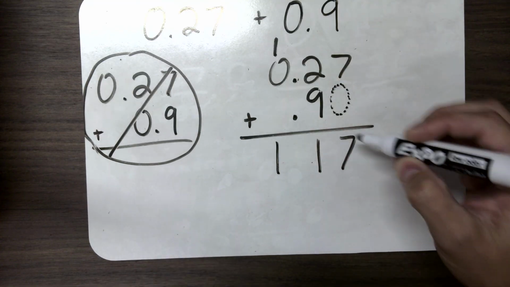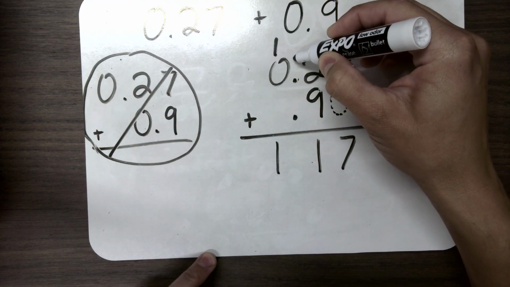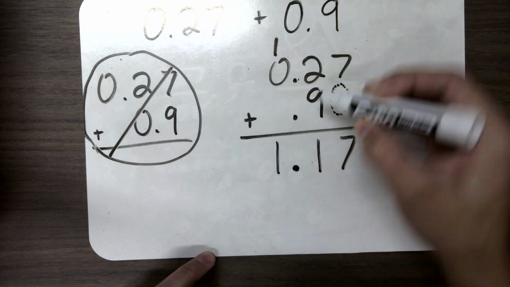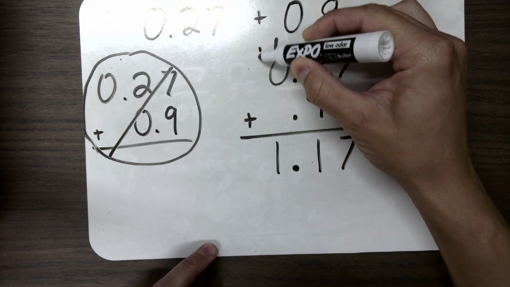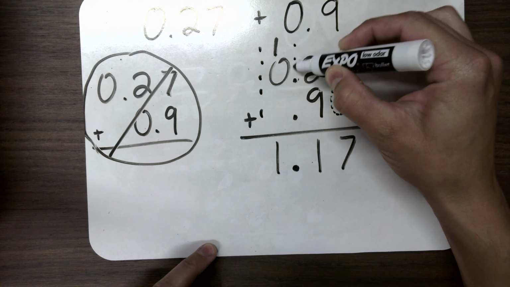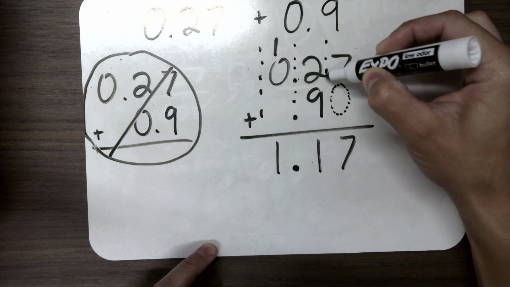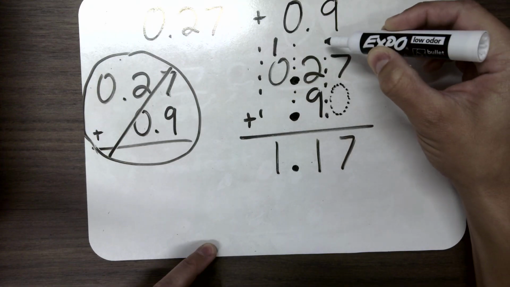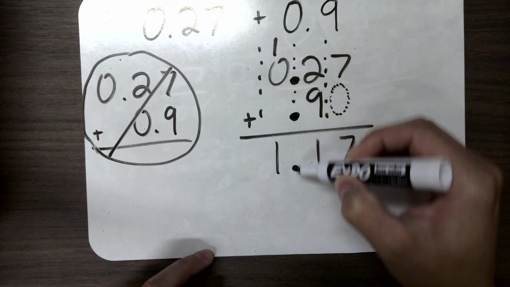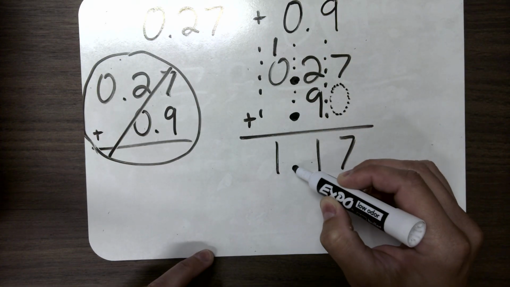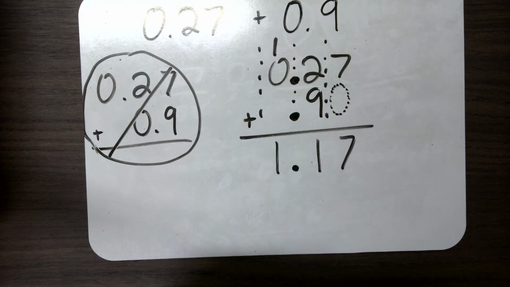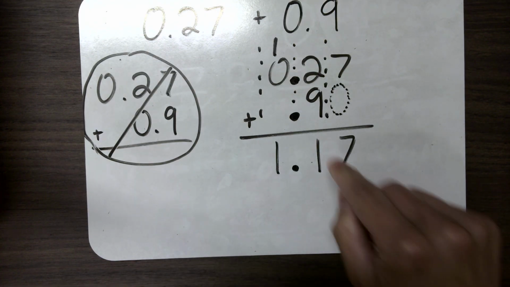As far as where to put the decimal point, this will always stay vertical all the way through this problem. You can picture these as the columns in our place value mat. So that's why this decimal point is going to stay the same going down, because that's the separation point between the ones and the fractional portions here.